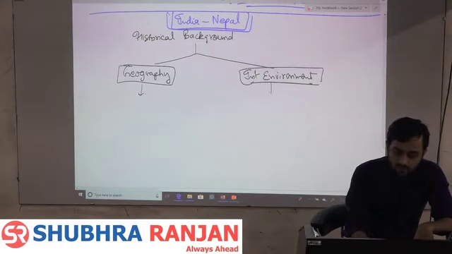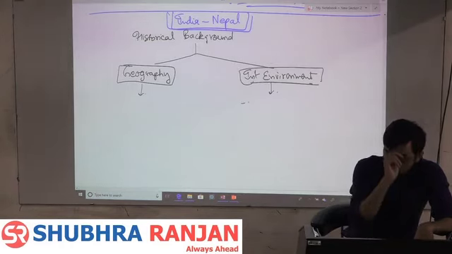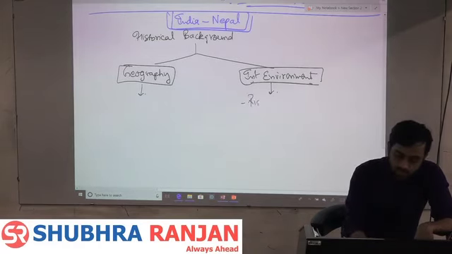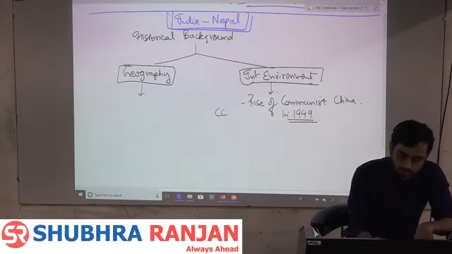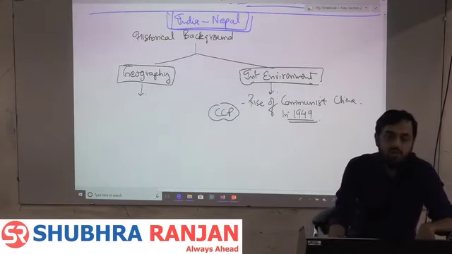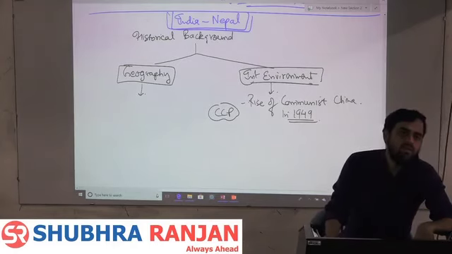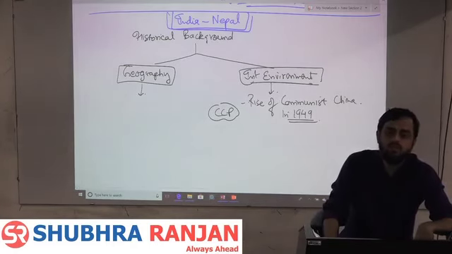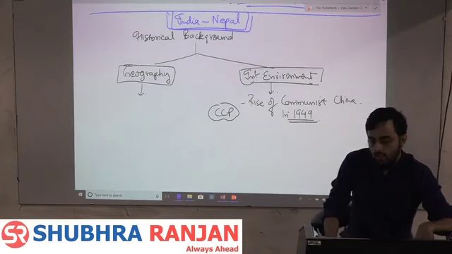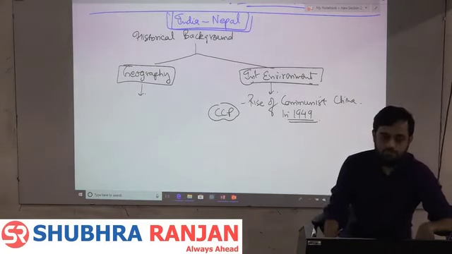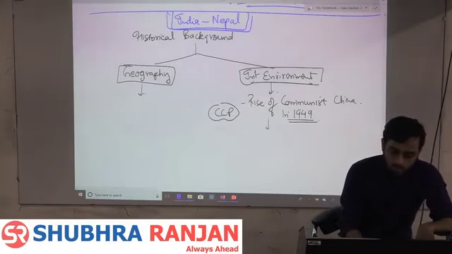Which international environment are we talking about? Firstly, the rise of communist China in 1949. The Chinese Communist Party came to power in 1949, and at this point of time the Chinese premier was Mao Zedong.